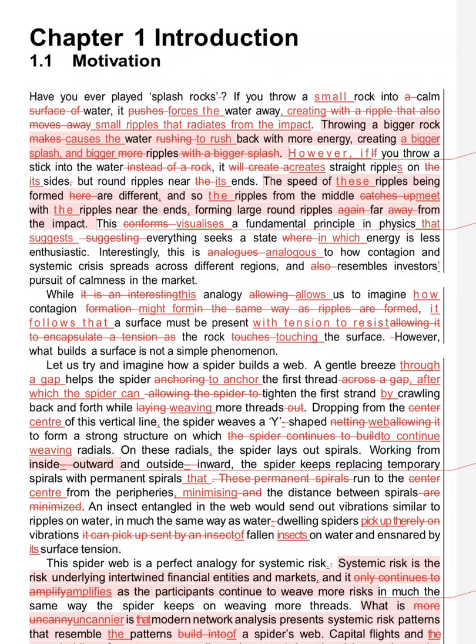It follows a surface must be present, allowing it to encapsulate a tension as the rock touches the surface. It follows that. So now we are talking about sentence following sentences. Okay, it follows that a surface must be present with tension to resist the rock touching the surface.